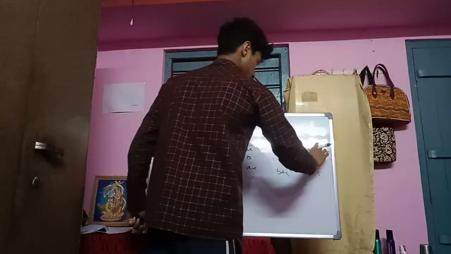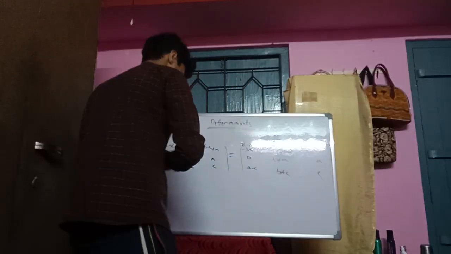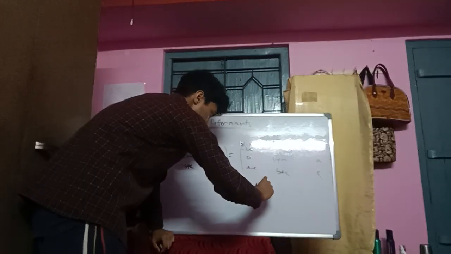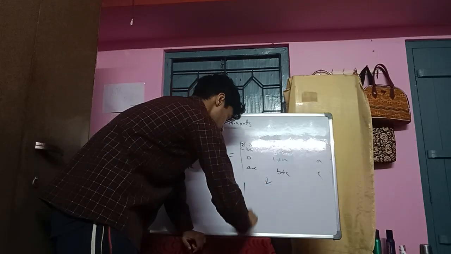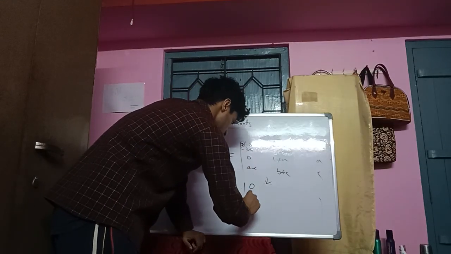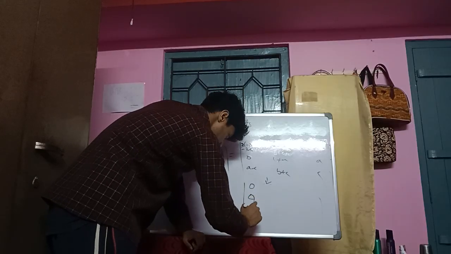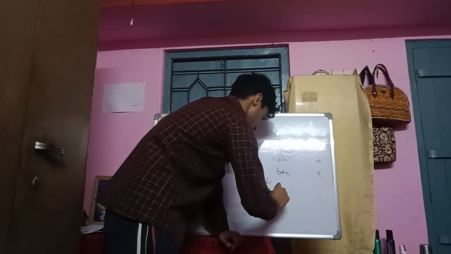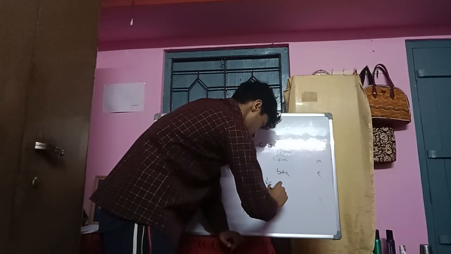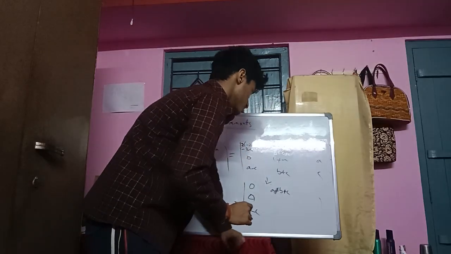So subtracting this one from this would simplify things a bit. This would become 0, 0, a minus c, and this would become just a plus b plus c, a plus b plus c.